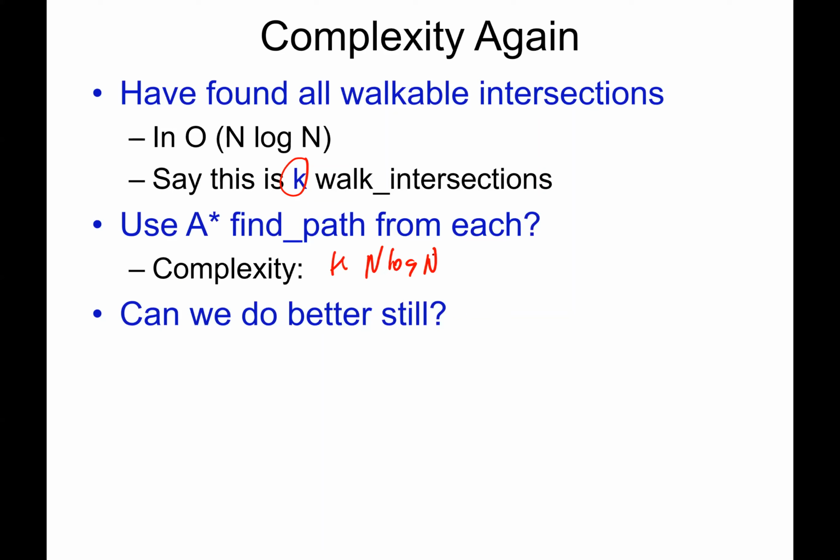So our complexity is actually still k times n log n. So it hasn't actually gotten a whole lot better than it was when we were just using our simple pruning function to avoid calling A* a lot of times to find the walkable intersections. So this will be faster, but we still haven't changed the overall complexity of our algorithm.